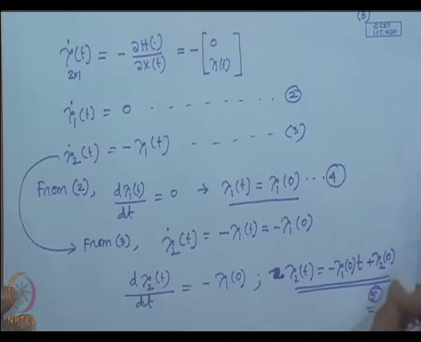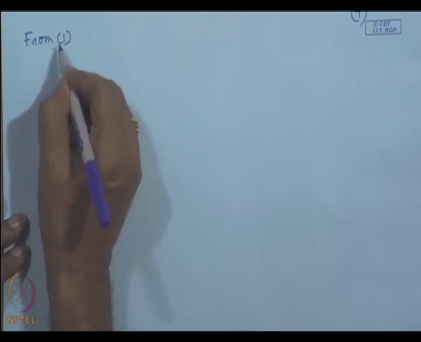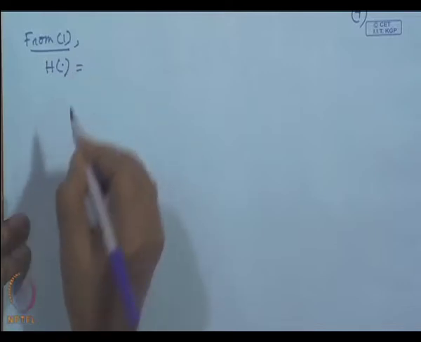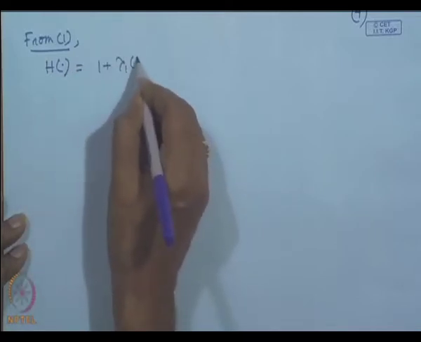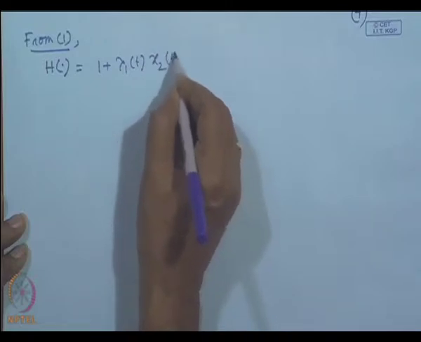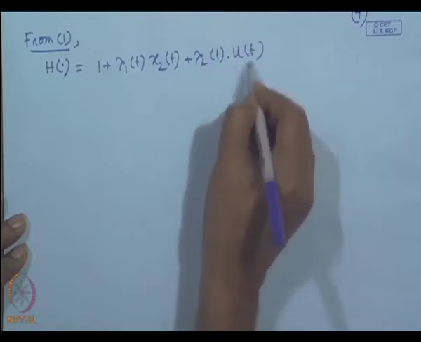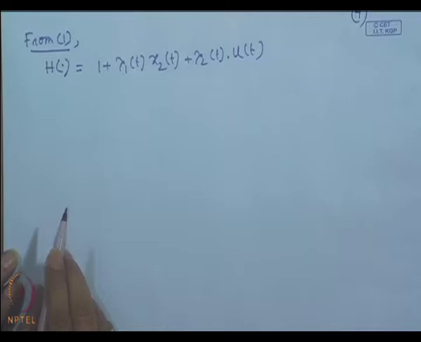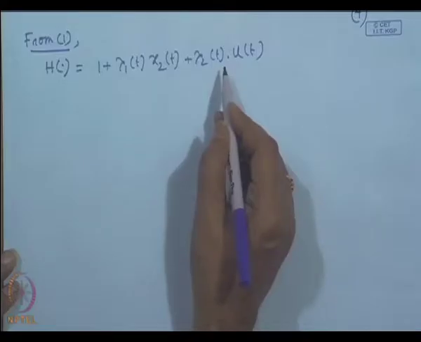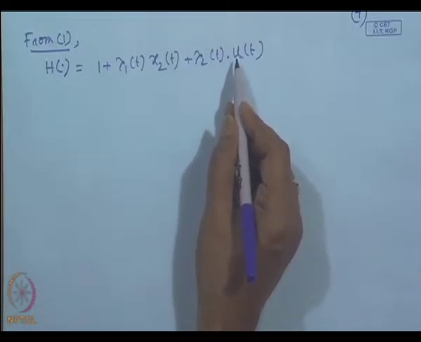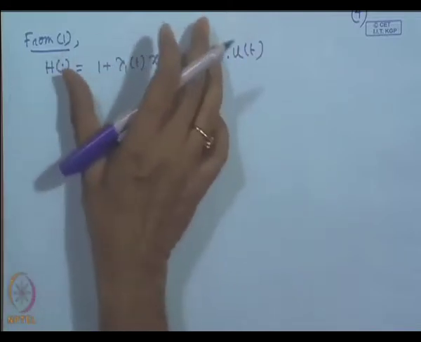Agree? So, from 4 and 5, from equation 1, the Hamiltonian H is equal to 1 plus lambda 1 of t into x of t plus lambda 2 of t into u of t. Using the Pontryagin minimum principle, when lambda 2 is positive, u is taken negative, so that this function value will be minimum.